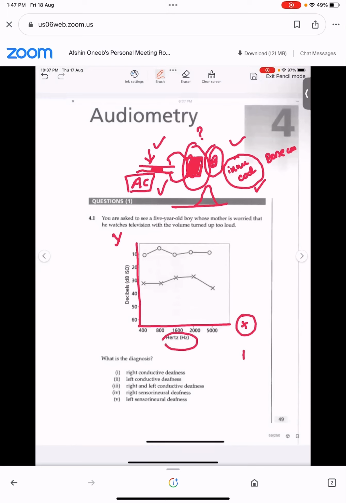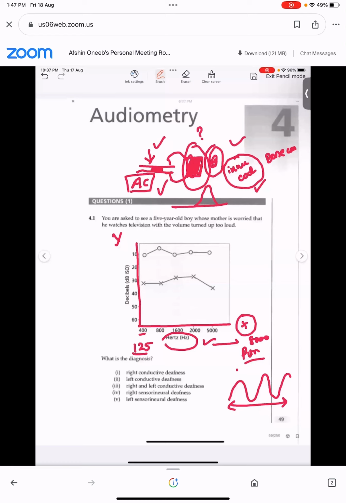It's a pure tone audiometry, where the pure tone has a fixed waveform, fixed crests and curves, and fixed frequency, a constant waveform given to the ear. On the x-axis we have the frequency in hertz. Here they have given like 400, but on audiograms it usually starts with 125 and goes up to 8000.